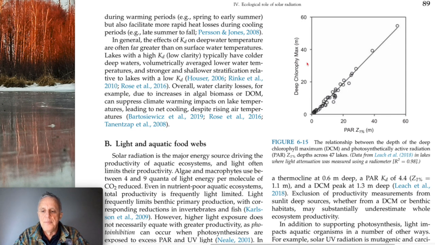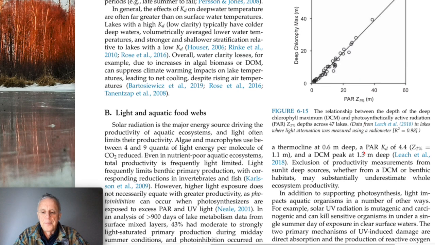As the PAR-Z 1% increases, the deep chlorophyll maximum also increases, which makes sense because as we go deeper in these lakes, when there is high productivity from a chlorophyll perspective, there's also a high value for PAR-Z 1%.